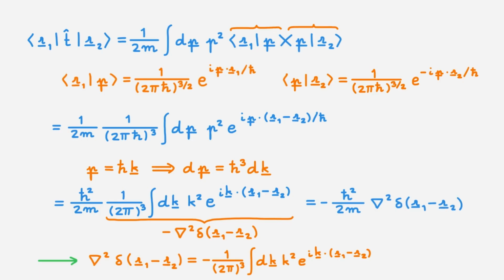Great! After quite a few steps, we finally have a relatively simple expression for our matrix element, so we'll now be able to go back to our full expression for the kinetic energy. Let's write down the kinetic energy operator in terms of field operators.